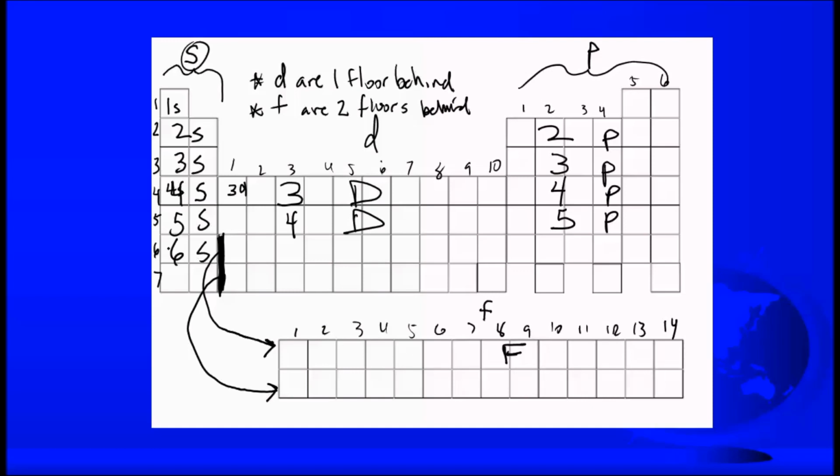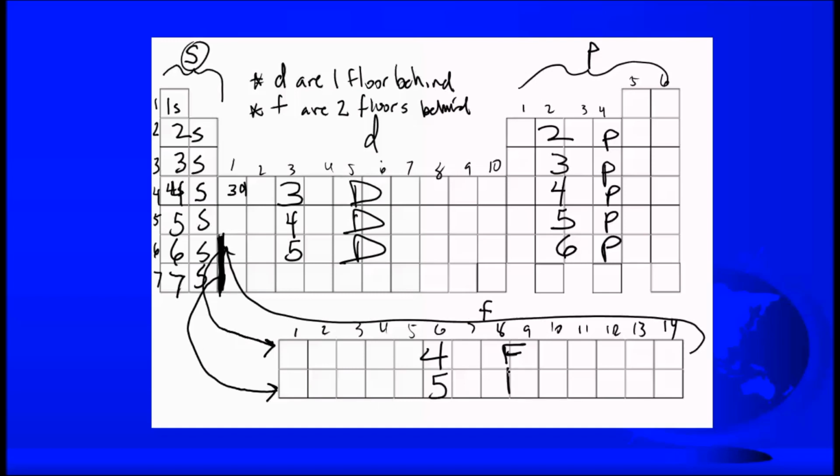If you're in the 6th floor, and then you go back here to the 5D, 6P, 7S down to the 5S, up to the 6D.